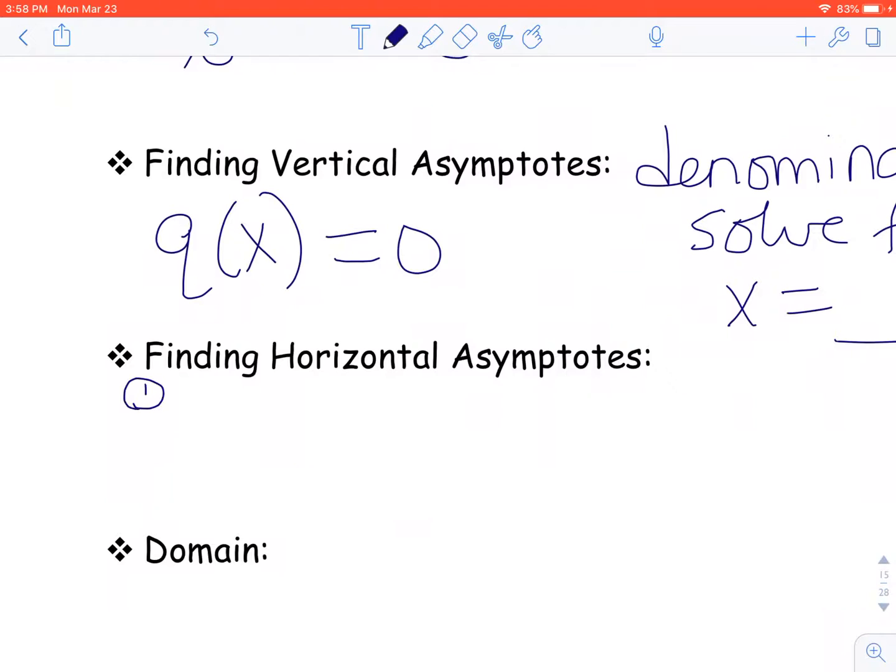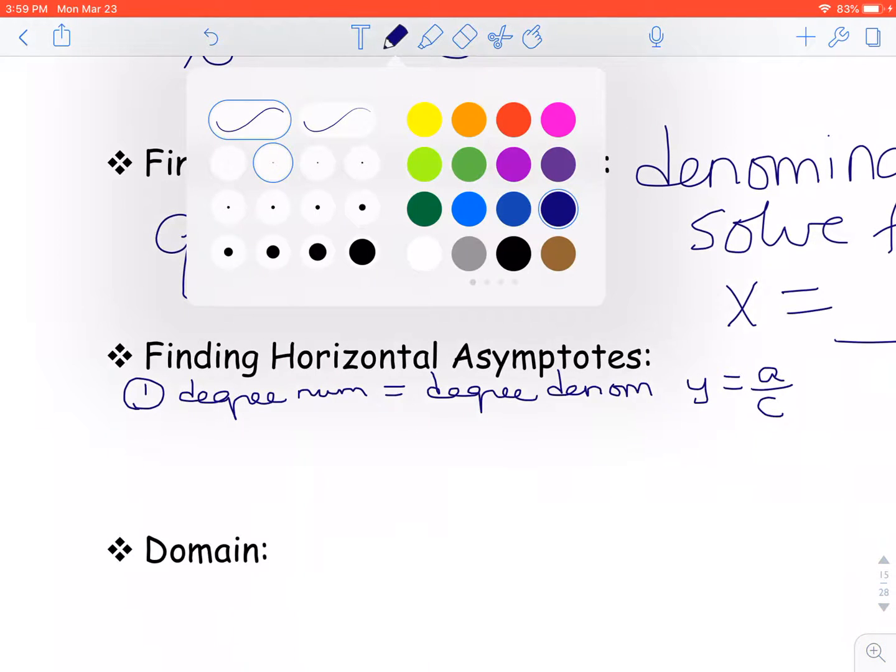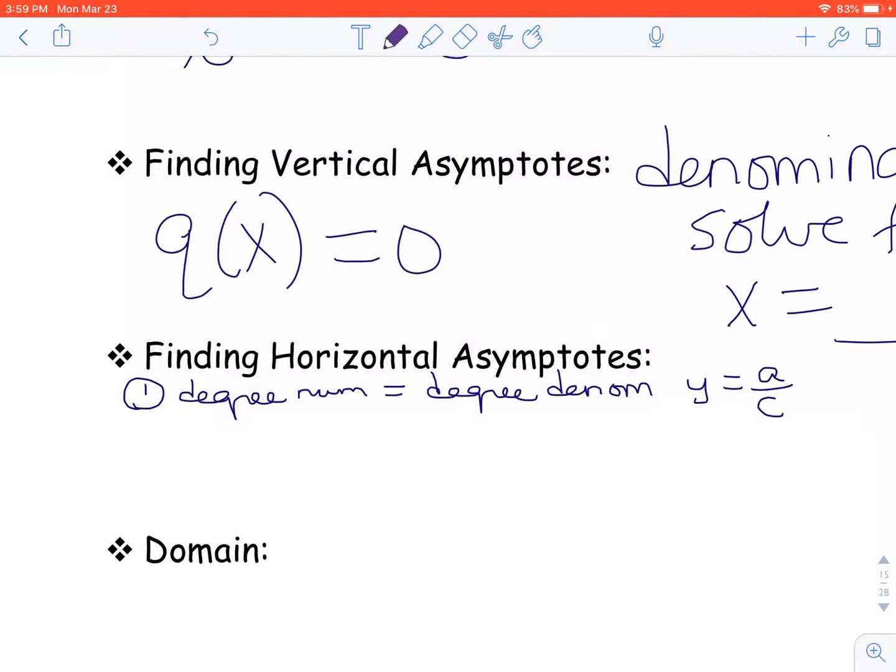So we're comparing the degree of the numerator. If it's equal to the degree of the denominator, then we have an asymptote at y equals a over c, which are the coefficient of the top divided by the coefficient of the bottom. Our second option, if the degree of the numerator is less than the degree of the denominator, then it's at y equals 0.